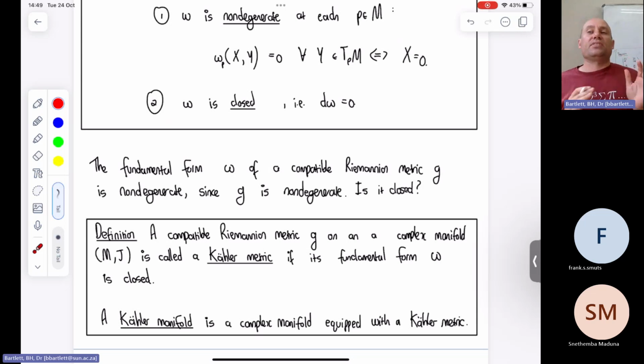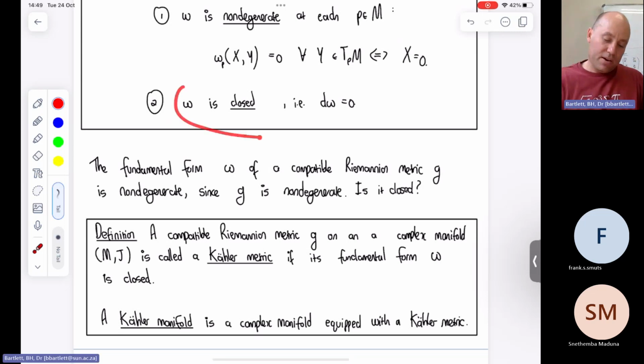So it's the nicest kind of situation you can be in. I've got a complex manifold. I'm trying to put a Riemannian metric on it. Now, of course, I've got two geometric structures. I want them to be compatible. So I want the complex structure to be an isometry of the tangent spaces. And in that situation, the other nice thing that I can ask is that the associated fundamental form is going to be closed.